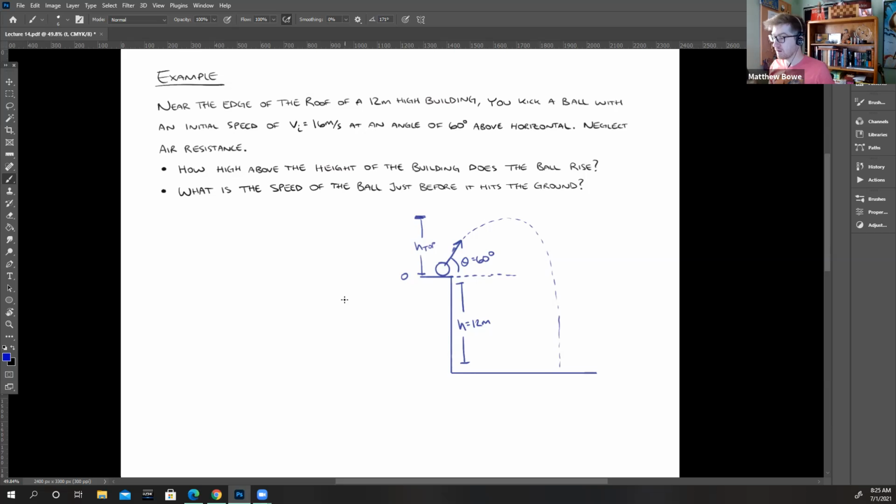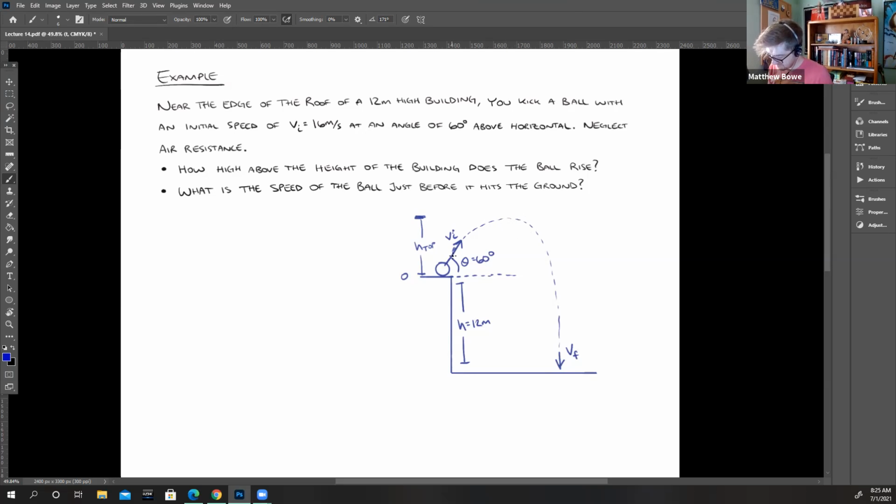How high above the height of the building does the ball rise? And what is the speed of the ball just before it hits the ground? We want to know the final speed over here. We have the initial velocity right there. I think we might need one more velocity: how fast the ball is moving right at the top of the arc.